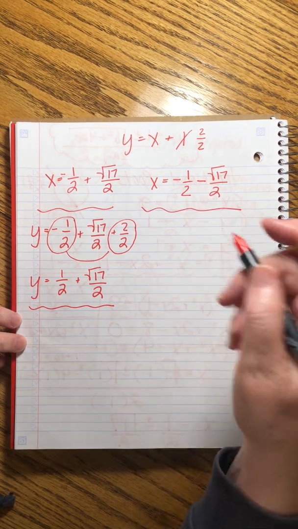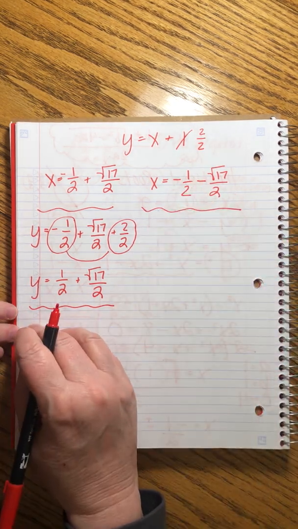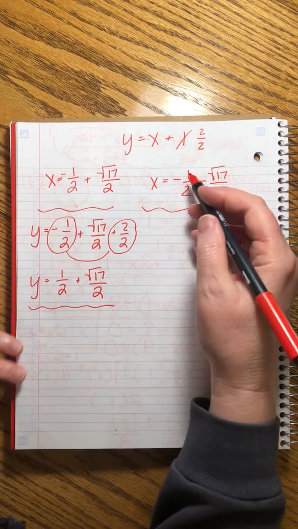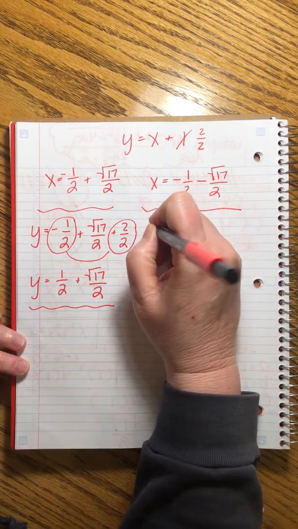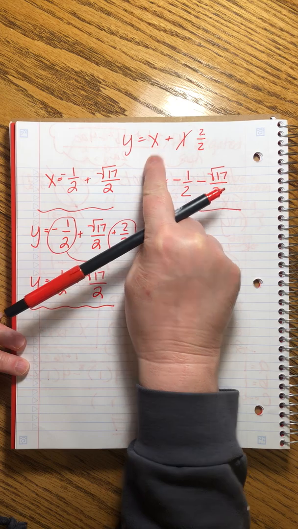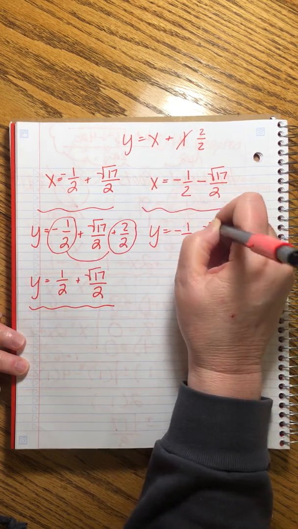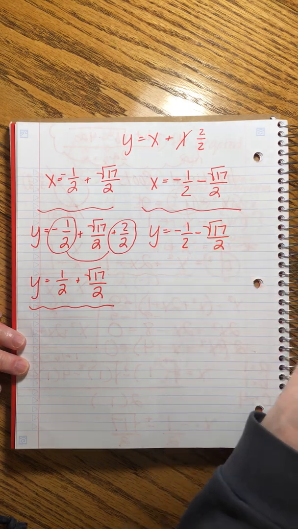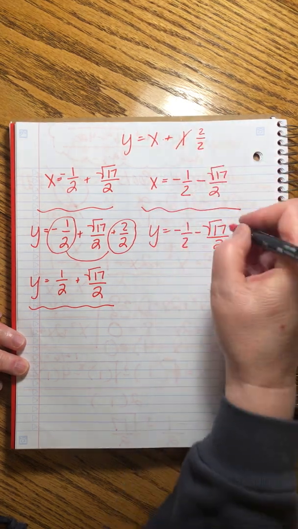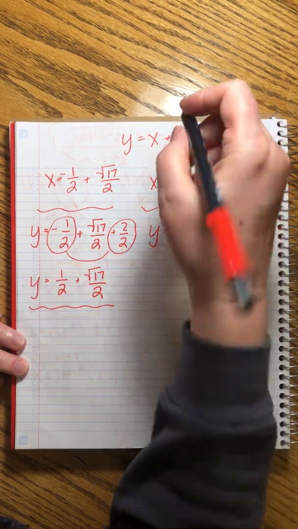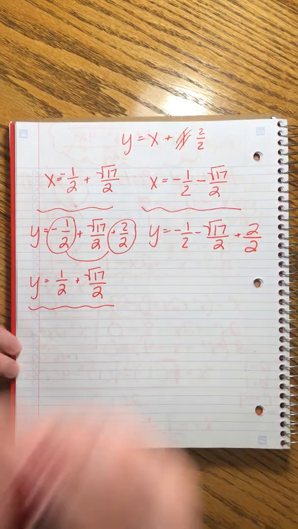Okay, now I'm ready to try my other side. Oh, well, no, let's write out the point. Are you ready? No, I'm going to do it at the end because it will blow your mind and I don't want to ruin this. Now we do the same thing over here. Y equals x, which is minus 1/2 minus square root of 17/2 plus 2/2. Again, it was plus 1, but we converted. I'm going to draw a couple more lines so you can tell.